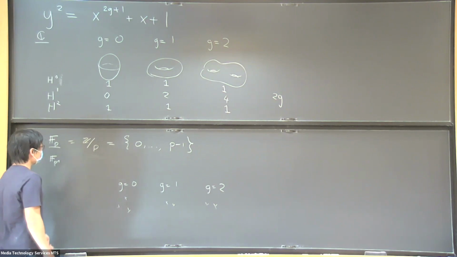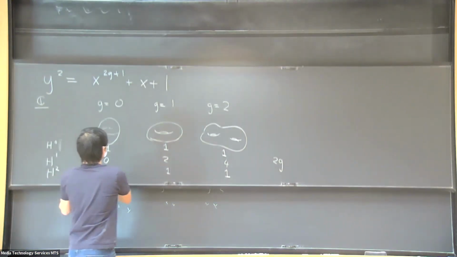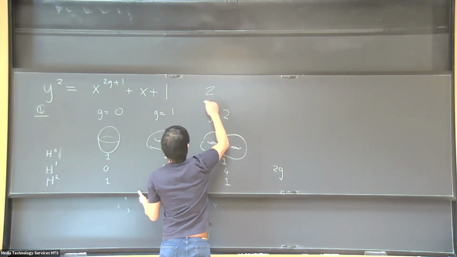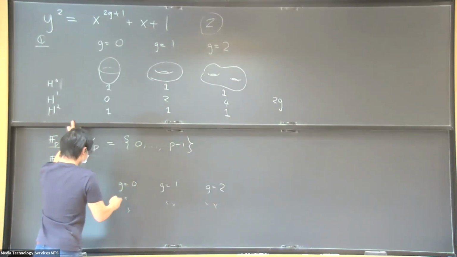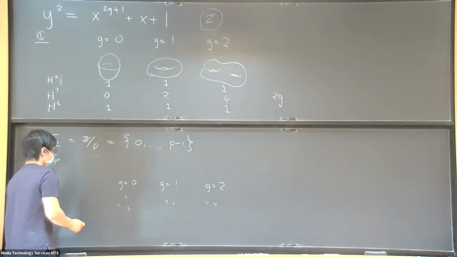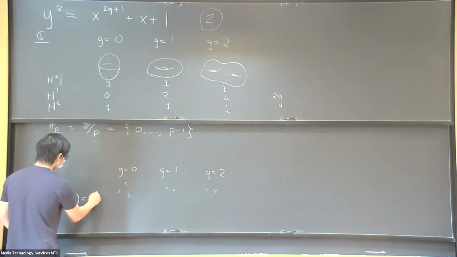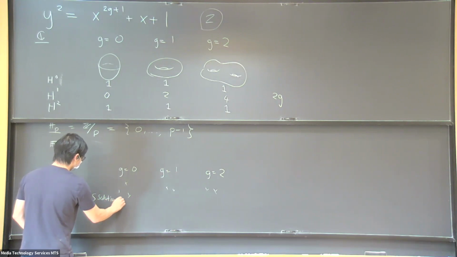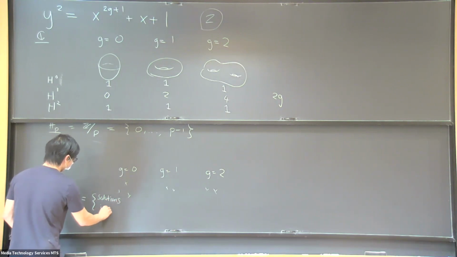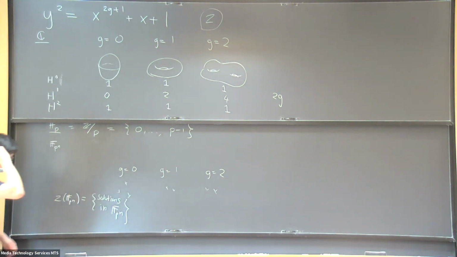I'm going to refer to this equation from now on as Z. And I'm going to write Z of F_p^n for the set of solutions to my equation in this F_p^n.